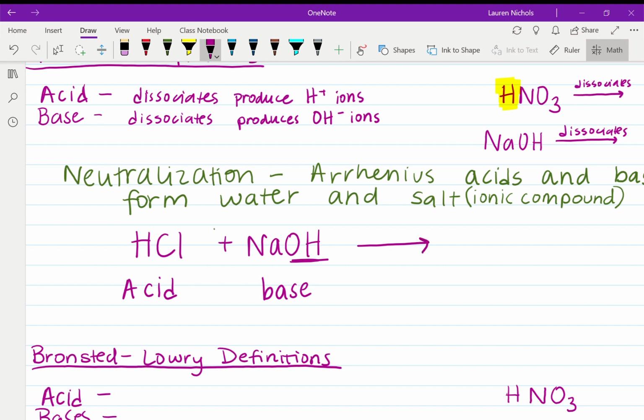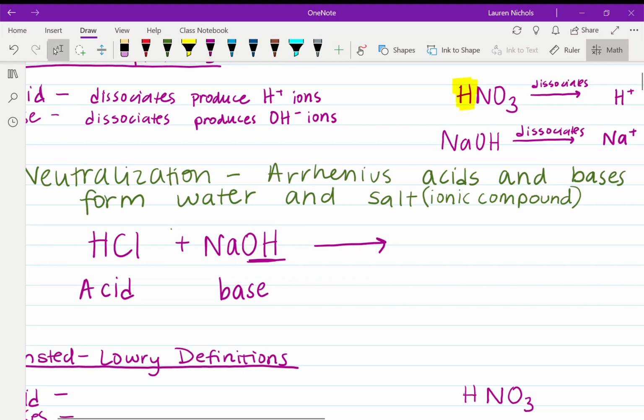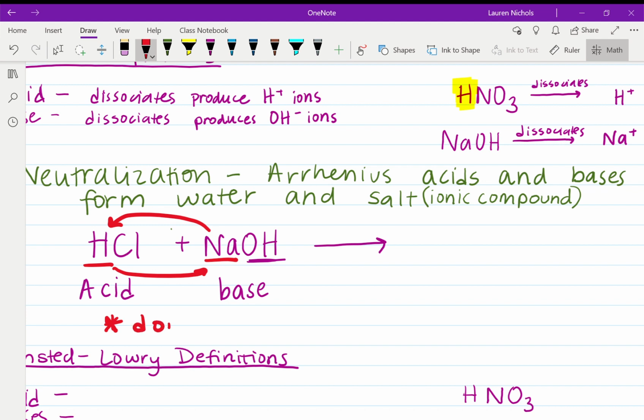And when they react, what happens is this is a double replacement reaction. So the sodium and the hydrogen are going to swap places. Remember from first semester, this is a wife swap reaction. So this is a double replacement. And it's a special double replacement simply because it is also an acid-base reaction.